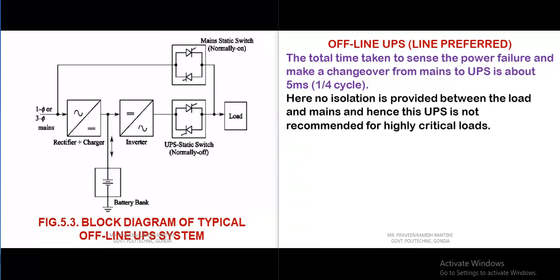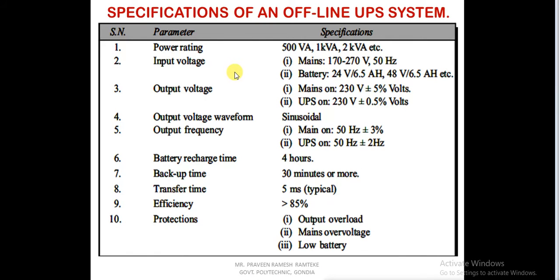Now let us see the specifications of the offline UPS system, as we have seen for the online UPS system. The first specification is the power rating. If you observe here, the power rating mentioned is very low compared to the online. For the online they mentioned up to 50 kVA, but here the power rating is from 500 volt amperes to 2 kVA.